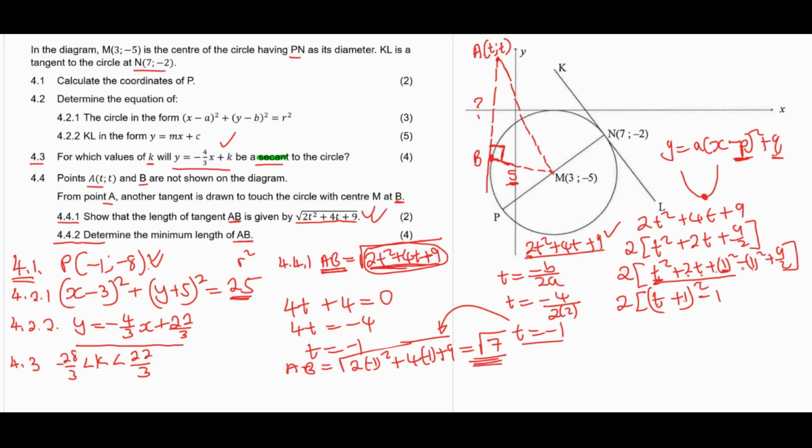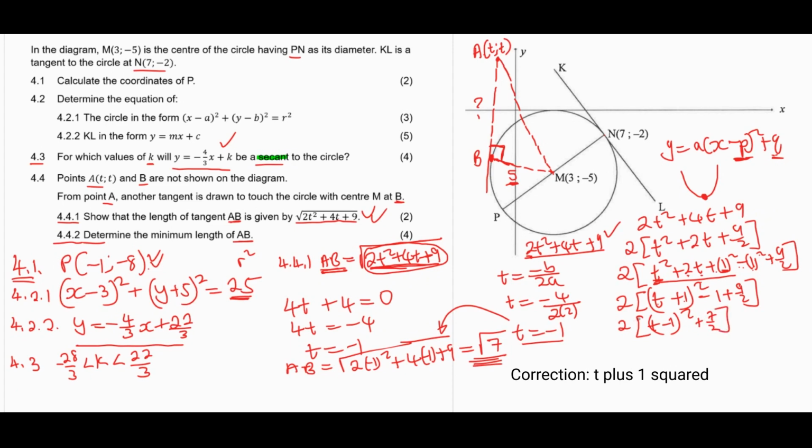And then we're left with negative 1 plus 9 over 2, because this 1 squared is 1, then it becomes negative 1 here because of this negative. And then we have 2 times t plus 1 squared, then negative 1 plus 9 over 2 will give us 7 over 2.